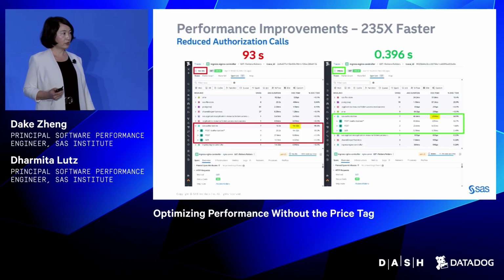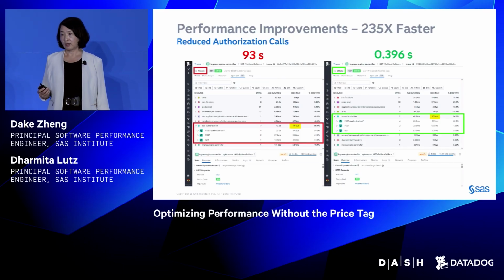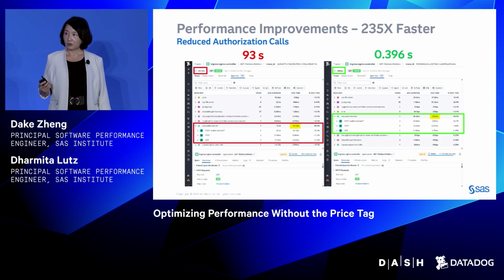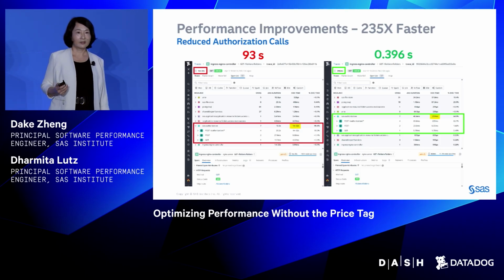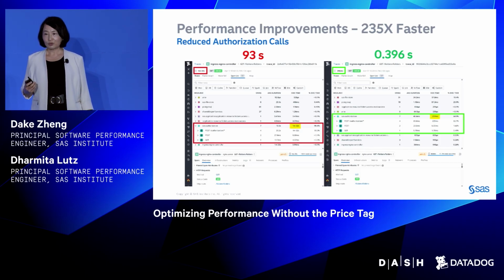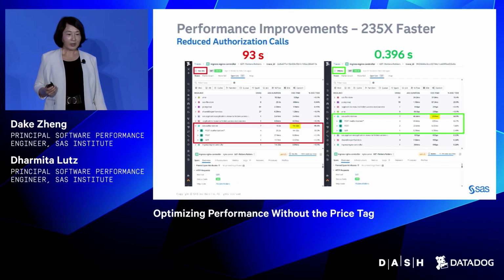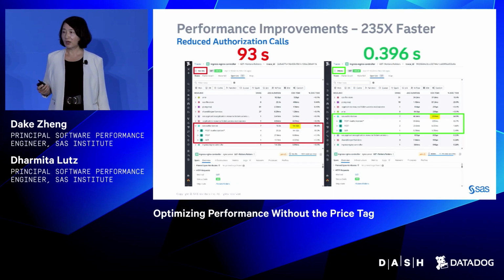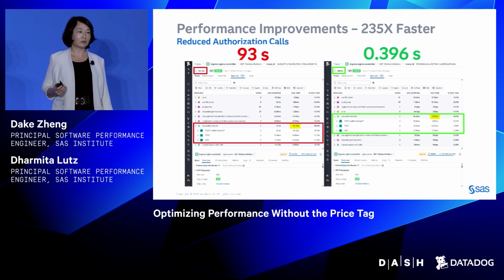We collaborated with developers to change the API to authorize only the returned records based on the starting position and limit size. The results? Staggering. The authorization calls were drastically reduced, and the API response time dropped from 93 seconds to just 396 milliseconds. That's a reduction of 235 times.